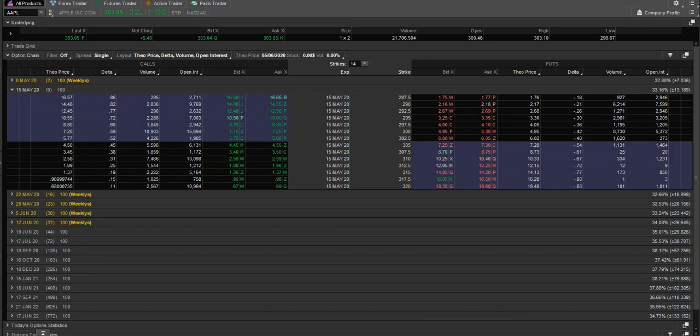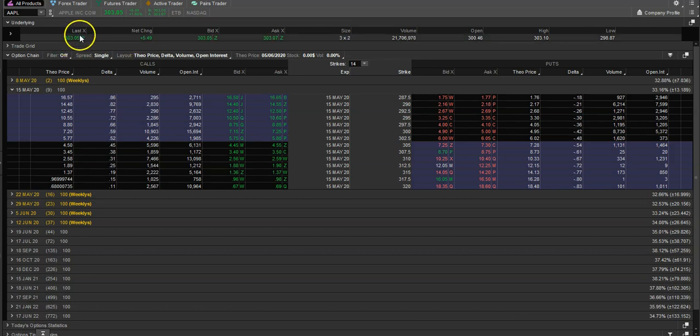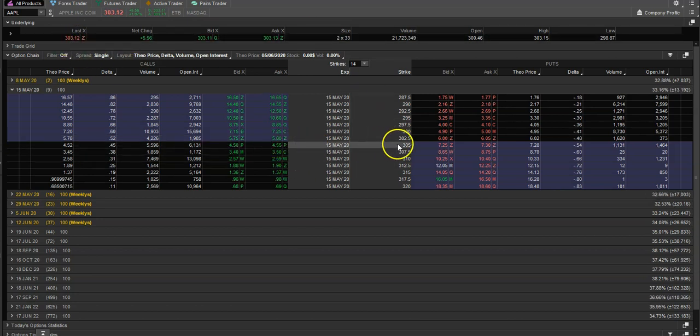Keep it simple. If you think the stock is going higher, you could buy an at-the-money call. Okay, let's use the 300 strike. If I could buy it for $7.30 per share, multiplied by 100, that would be $730.